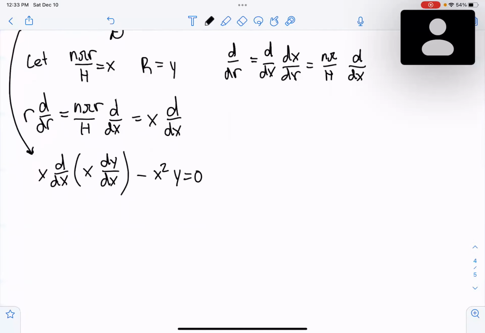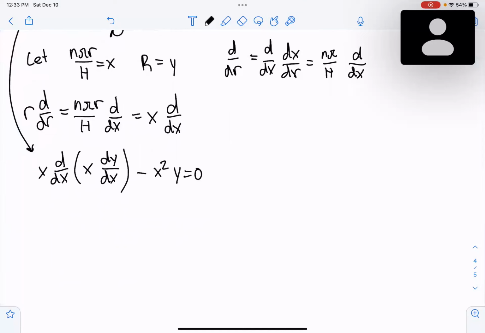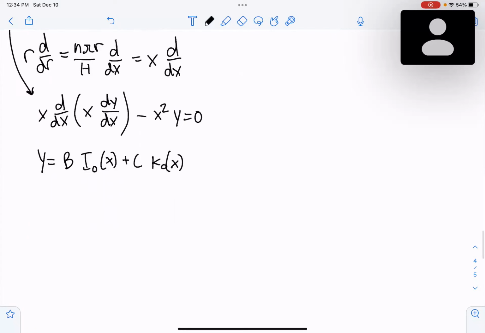So anyway, what we can say here then is that y is equal to b I naught x plus c k naught x, as I said. We can just go ahead and plug in the variables we defined. y is obviously just equal to R of r, and we'll say n as well, just so we can right away get values for every value of n.